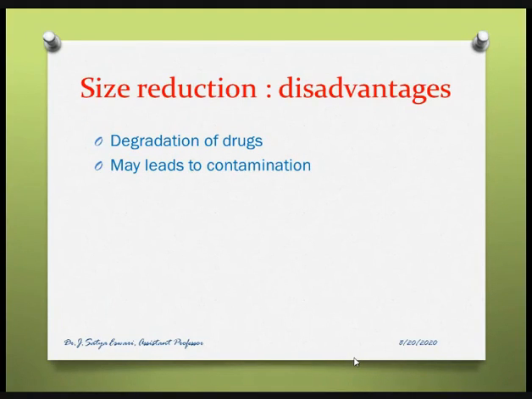If it is not reacting with the target, that will be a problem, because of the tablet we are taking to cure the problem. If the surface area is more, the degradation will be more and may lead to contamination, and it may be non-reactive to the target.